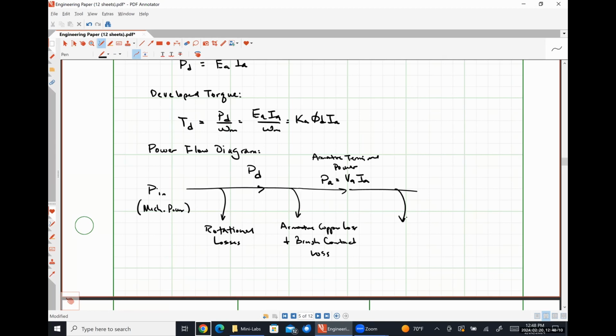Here we have our series and shunt field losses. And then we have our output electrical power, which is simply VT times IT.